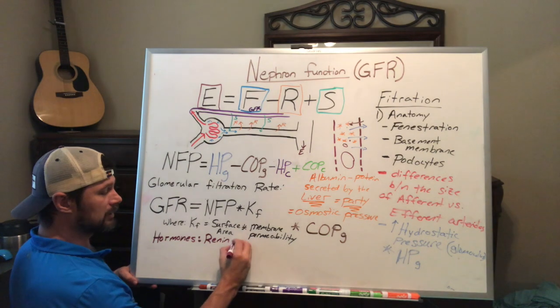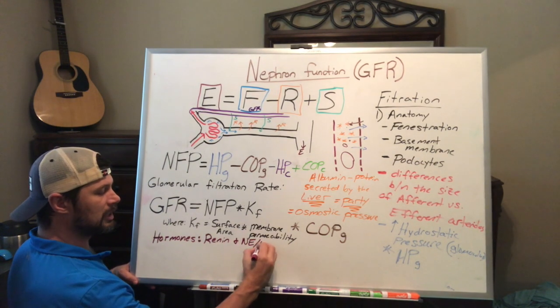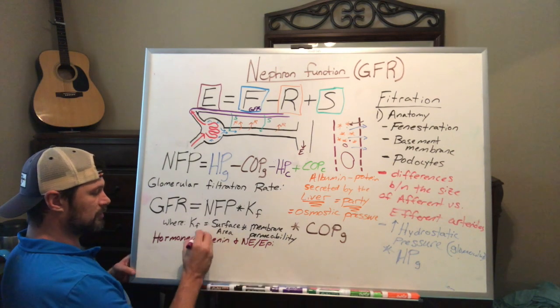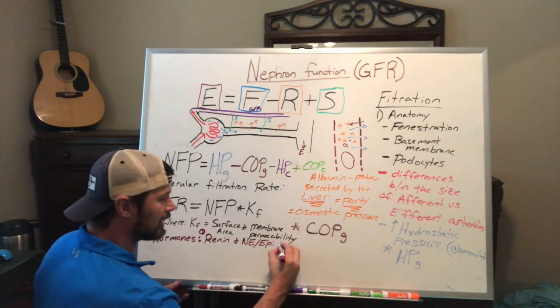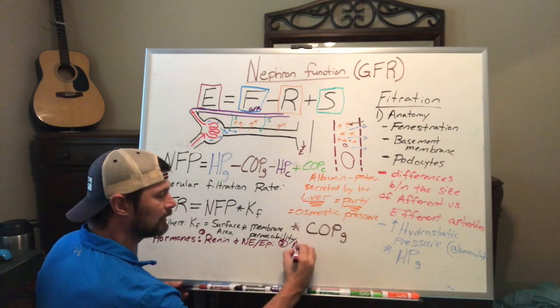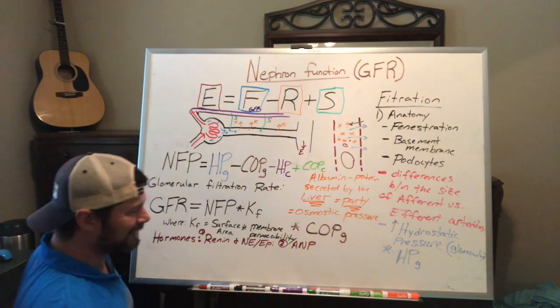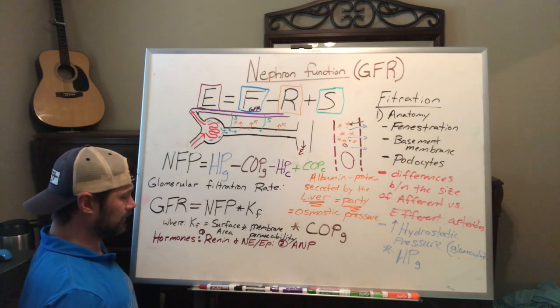Renin, and we're going to group norepinephrine and epinephrine into one category. That's going to be our first category. And our second category over here will be atrial natriuretic peptide, ANP, which is a hormone that's secreted by the atria of the heart.